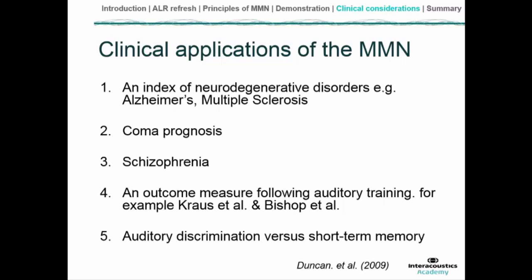It doesn't actually depend upon awakeness, and it can be measured in individuals who are in a coma. And if the MMN is present in that person in a coma, then there's an increased likelihood of that person awakening from their comatose state than someone without.